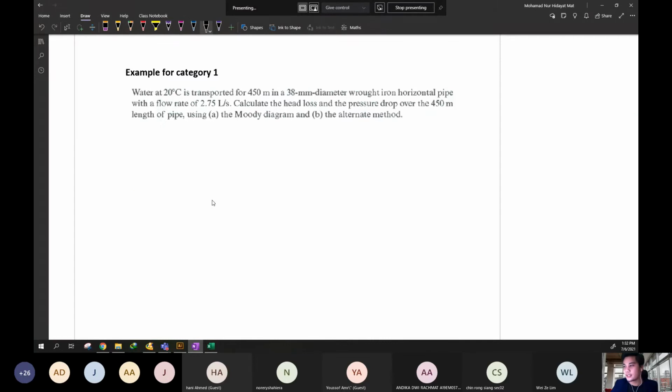So water at 20 degrees Celsius is transported for, let's say, this is the length. The length is 450 meter in 38 millimeter. This is the diameter. Rough iron, this is the material. Horizontal pipe, so that means Z1 and Z2 are the same. Okay, the pipe is very long from here to here.